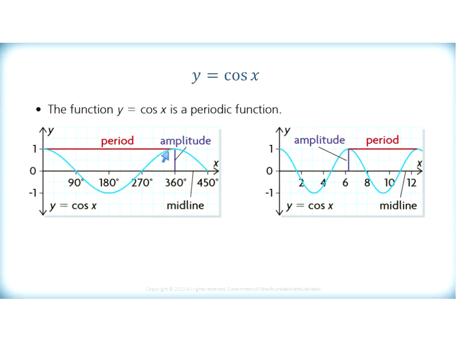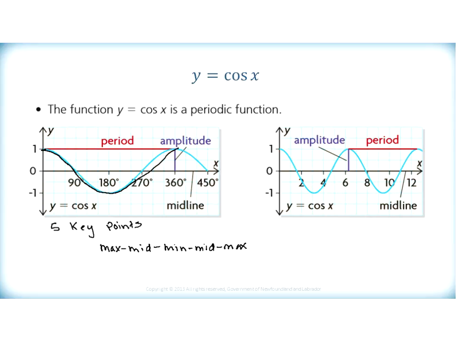It has 5 key points. Is the maximum to the midline, to the minimum, to the midline, back to the max. So it's a little bit of a different order than the sine graph.